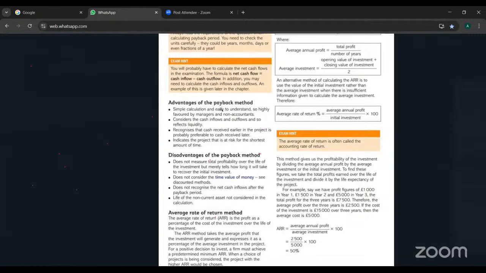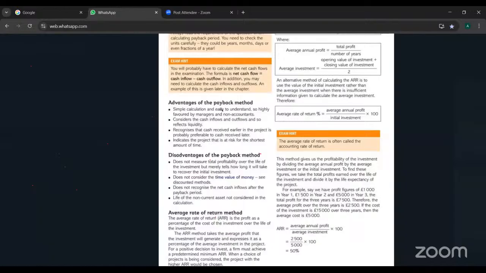So you all have to know that the advantages of payback method is that it is a simple calculation and it is easy to understand. So it is highly favored by managers and non-accountants too. Okay, and it considers the cash inflows and outflows for the year.